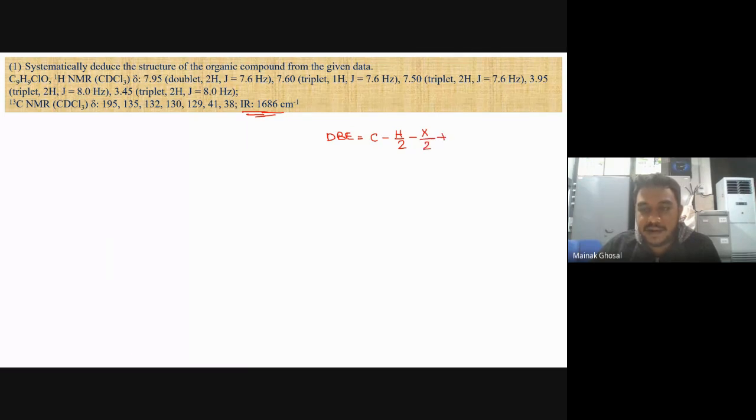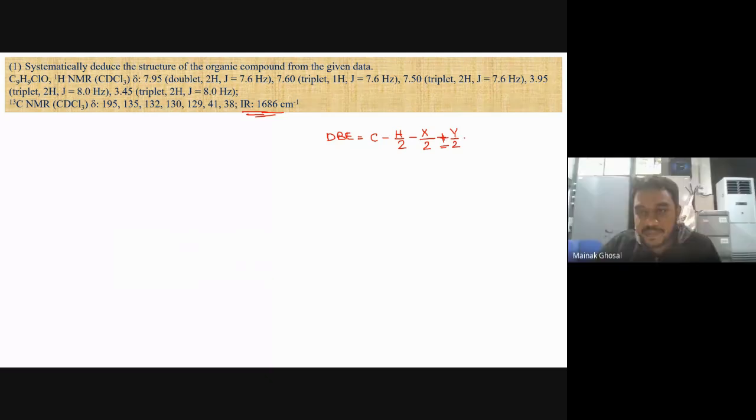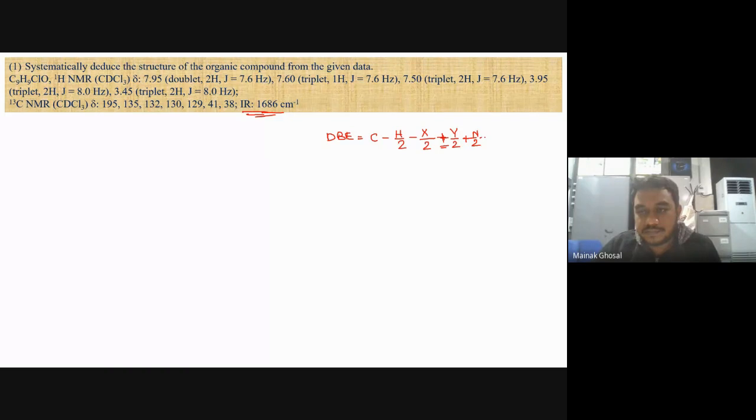If it is a trivalent heteroatom, Y by 2 is added. So these are the rules when you have some heteroatom, plus 1.